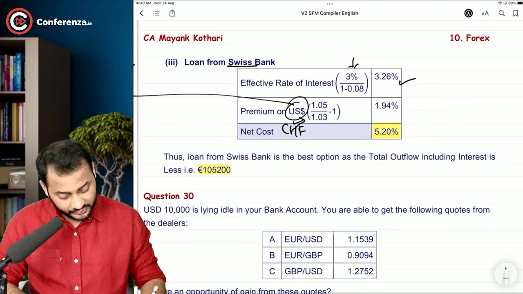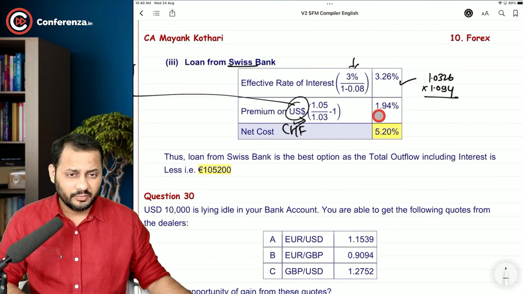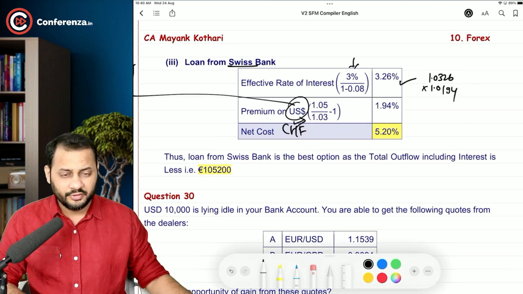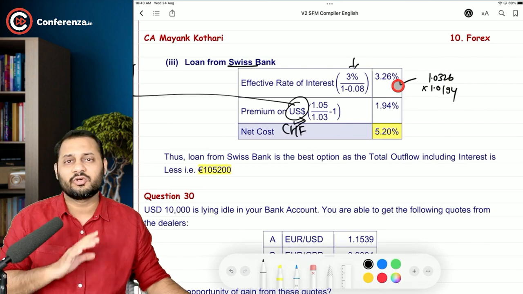But the equation should have been like this: 1.0326 multiplied by 1.0194. When you do it like the institute did, it means you are applying 1.94% on the interest cost as well.